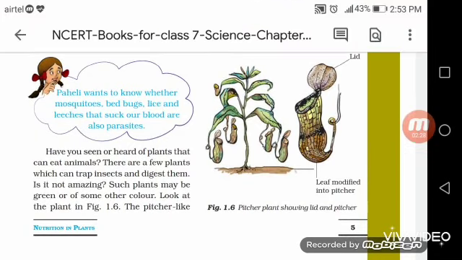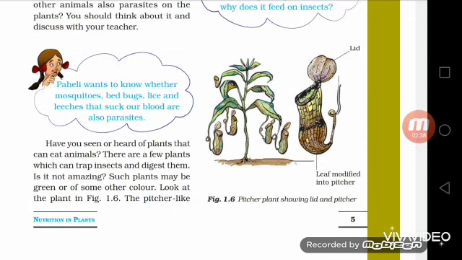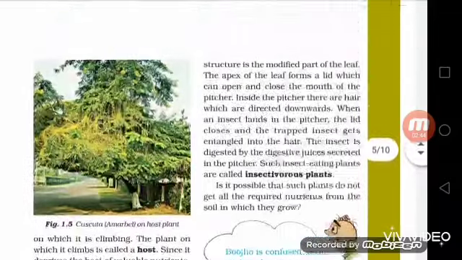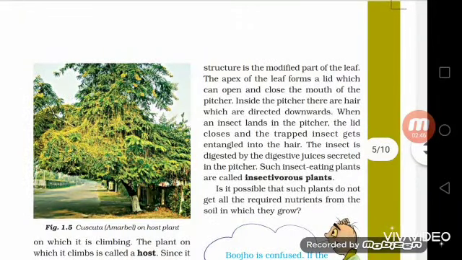Pitcher means a jug-like structure. Here you can clearly see a jug-like structure, and over there a lid is there. Come back here to the paragraph, the last line of it. The pitcher-like structure is the modified part of the plant.